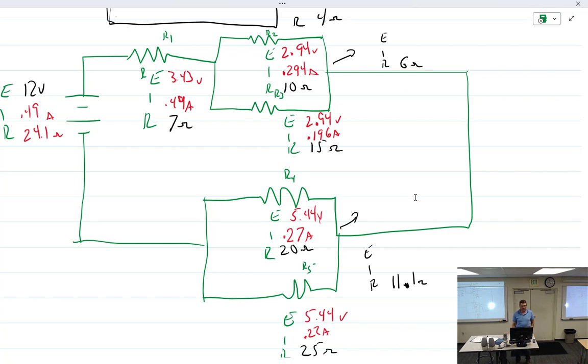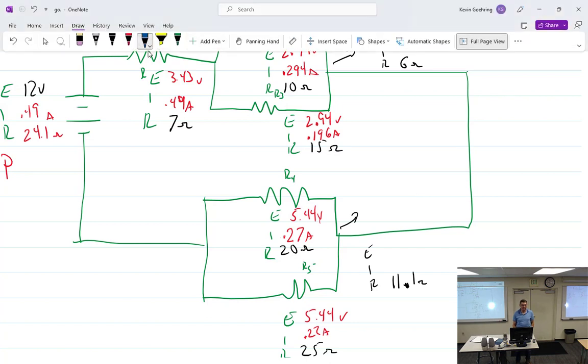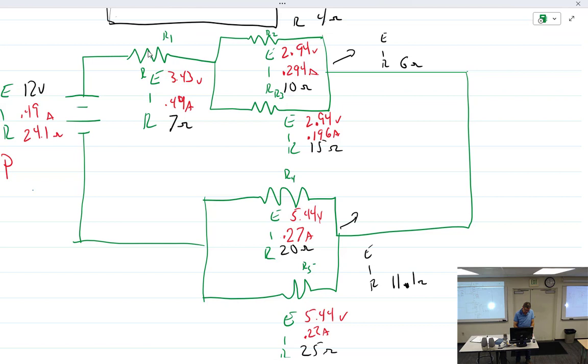Let's do this one. What is power total? Okay, we have 5.88 watts here. How many watts do we have here? 1.68.